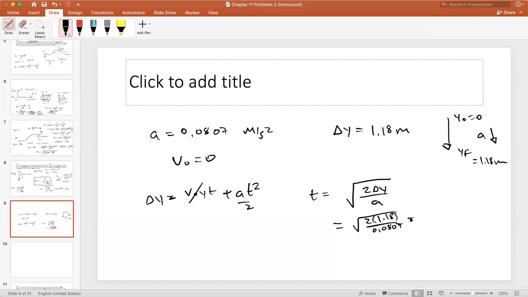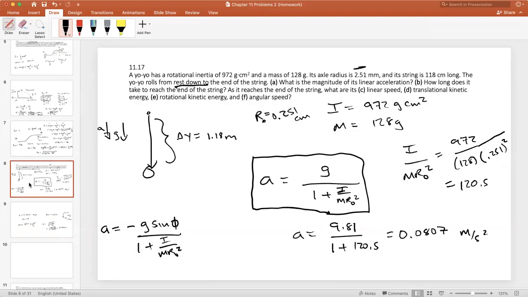So square root of 2 times 1.18 divided by 0.0807. I get 5.4 seconds. I get 5.408 seconds to be exact. Well, to be more exact. So I have my time. I have my A. That's easy, just like problem 1. All we had to do was find A.